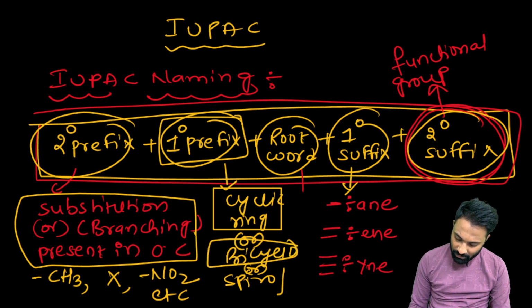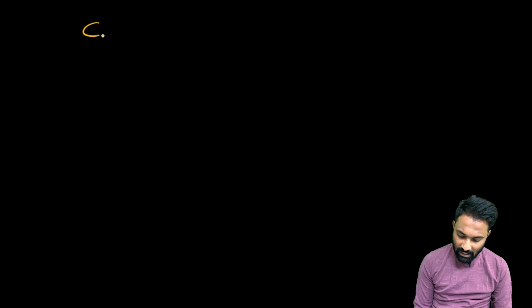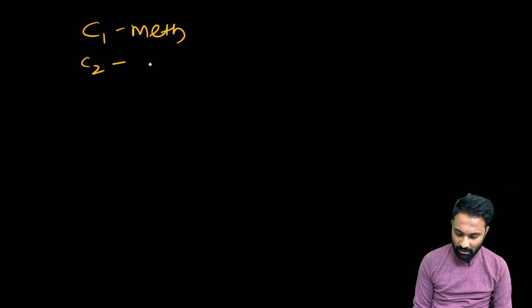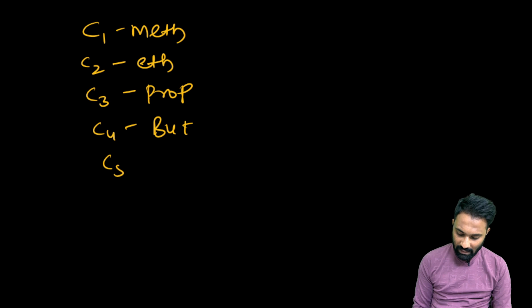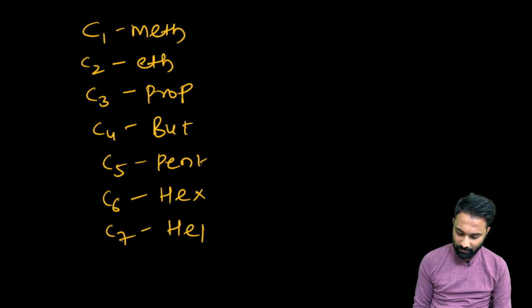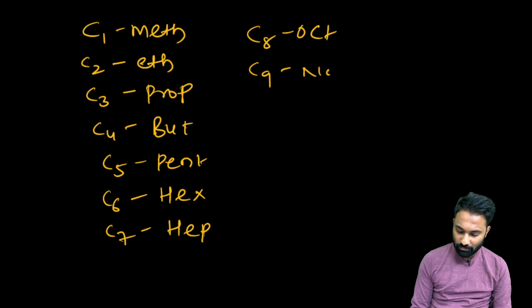Now bicyclo, spiro. Now the root word. What are the root words? I already explained very clearly. If the organic compound has only one carbon, that is meth. If it has 2 carbons, that is eth. If it has 3 carbons, that is prop, 4 carbons but, 5 carbons pent, 6 carbons hex, 7 carbons hept, 8 carbons oct, 9 carbons non.